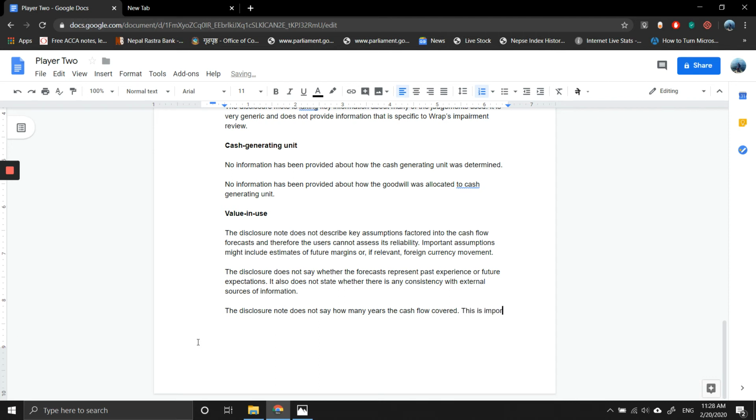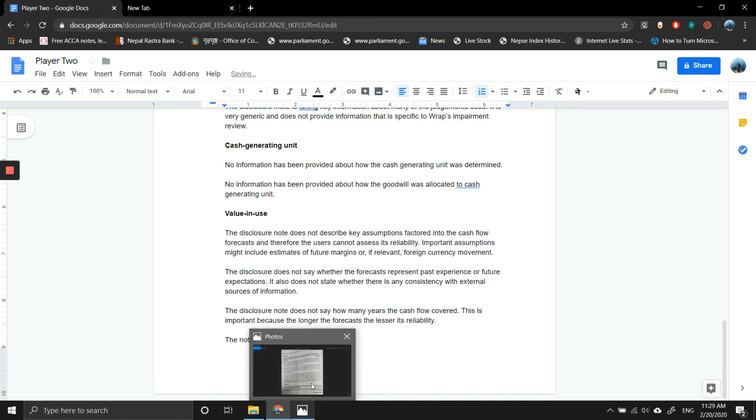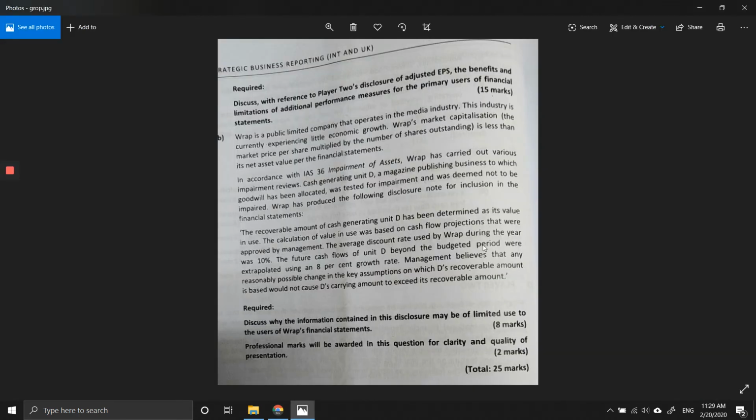This is important because the longer the forecast, the lesser its reliability, right? And it does not say that as well.